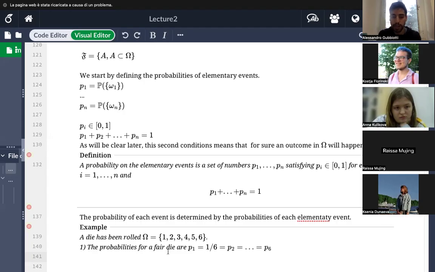This is if it is balanced, but it can be rigged. There are some dice that are fake, and they have different probabilities. So for a rigged, an unbalanced die, we can place here random numbers. Maybe Q1 is equal to 1 over 8.